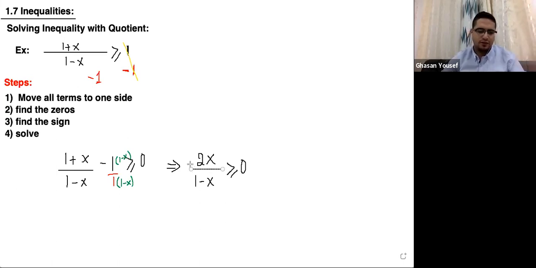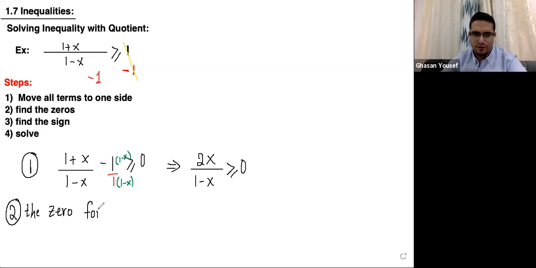Then I started talking about the zeros, to find the zero for the numerator and the denominator. Step number 2, find the zeros. So the zero for the numerator 2x is making 2x equal 0.